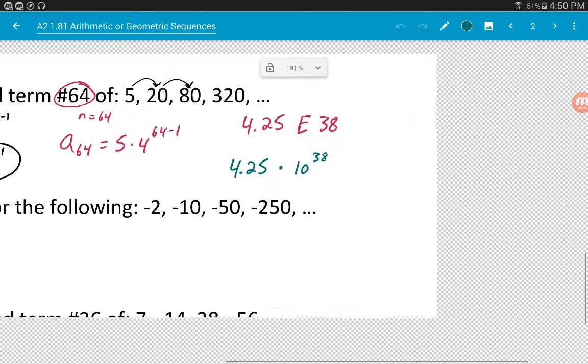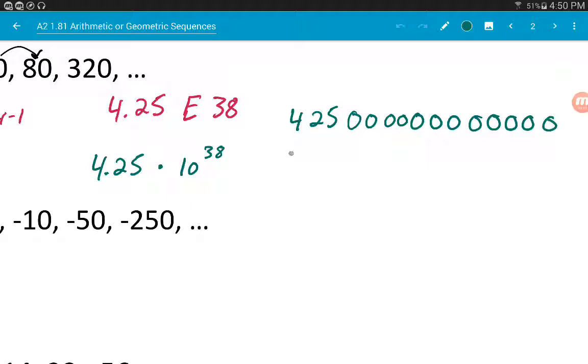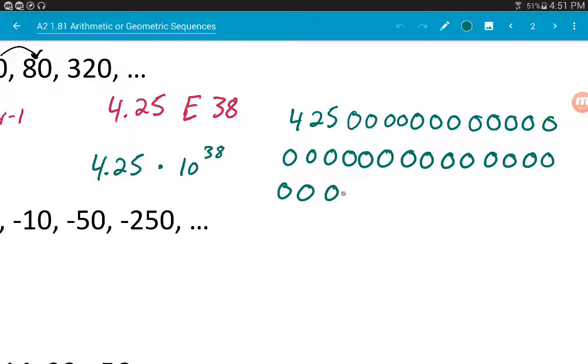What that means essentially is that the number we're dealing with has the decimal place moved over this way 38 times. So we're looking at this number, 425 and 36 zeros. 1, 2, 3, 4, 5, 6, 7, 8, 9, 10, 11, 12, 13, 14, 15, 16, 17, 18, 19, 20, 21, 22, 23, 24, 25, 26, 27, 28, 29, 30, 31, 32, 33, 34, 35, 36.